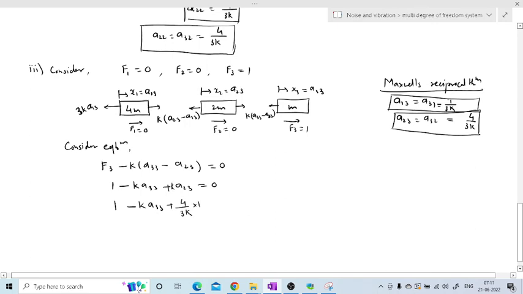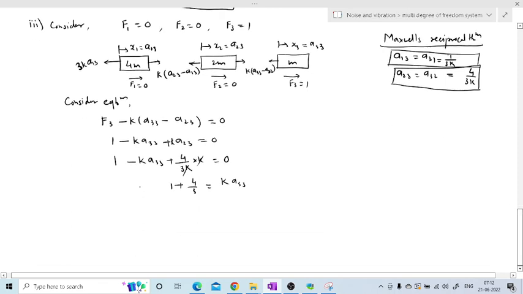So here into k, so k will get cancelled. Now transfer this minus term to the other side. So here it will remain 1 plus 4 by 3 will be equal to kA33. Now just add. So make the denominator 3 for the first term. So 3 plus 4 is 7. kA33. So A33 will be equal to 7 by 3k.